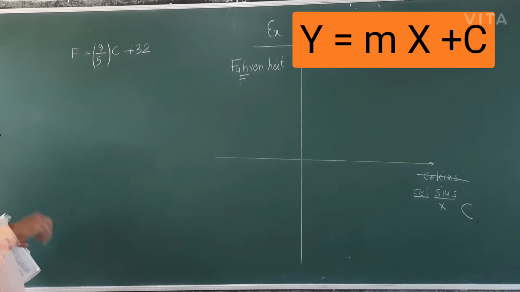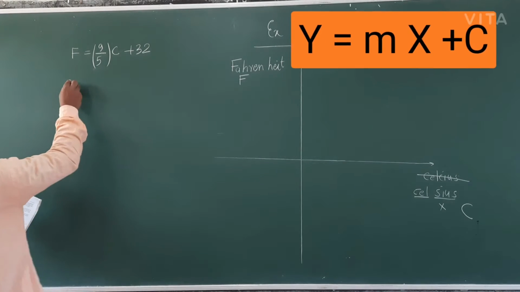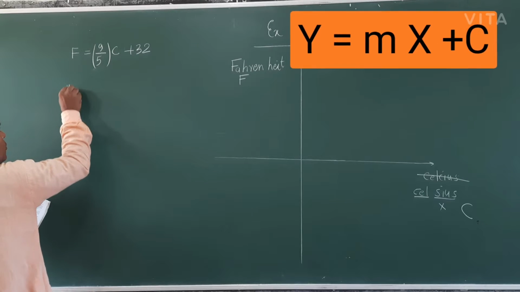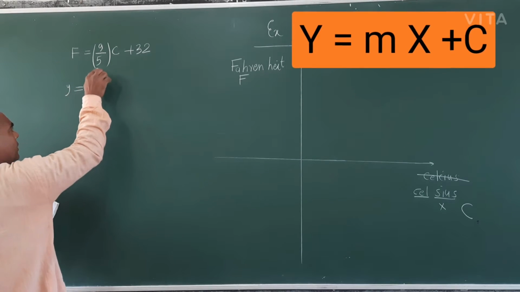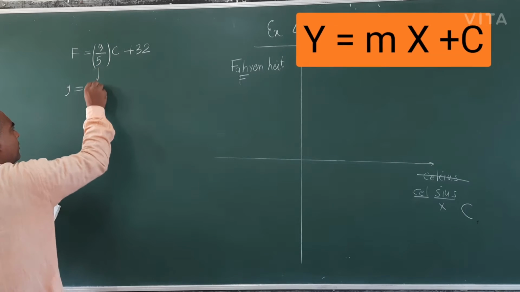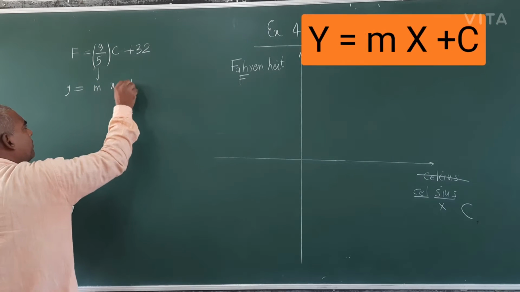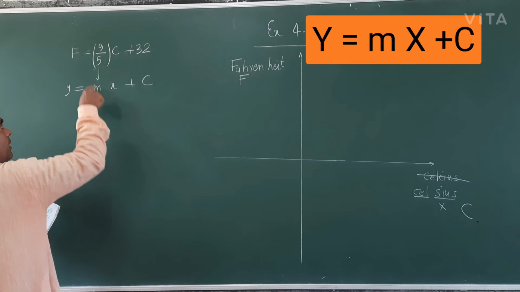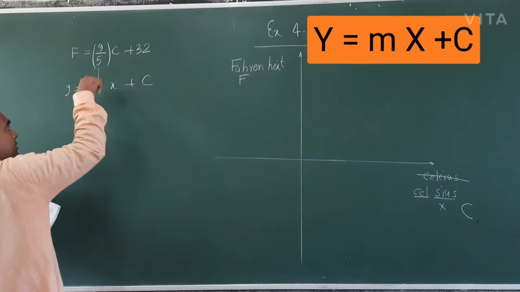You will see the extension part; the link is given in the description. This is just similar to y equals mx plus c. Here m is 9 upon 5, which means more than 1.